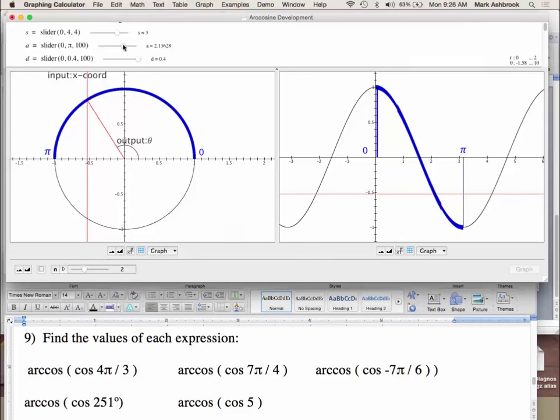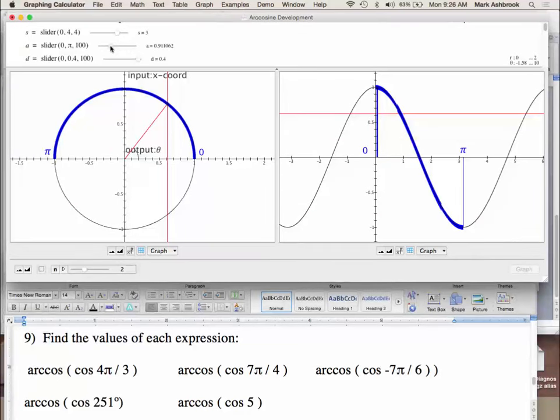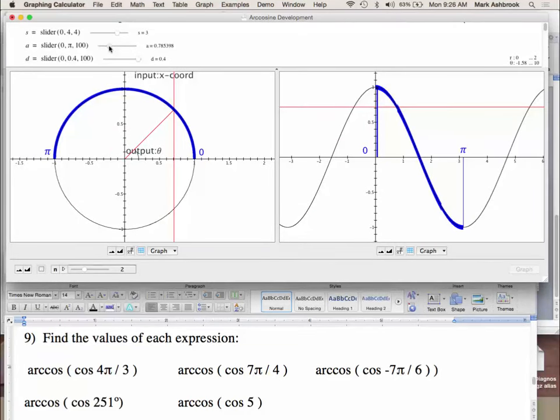Okay, 7 pi over 4. What quadrant are we in? The fourth quadrant. What's the cosine? Right, square root of 2 over 2. So here's 7 pi over 4, and we're going like this.